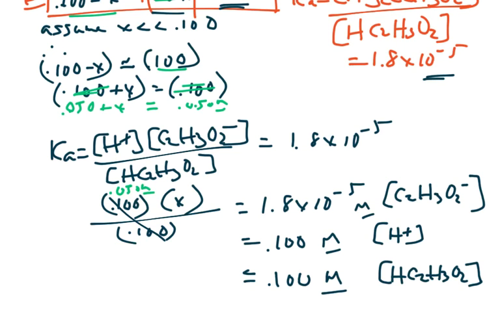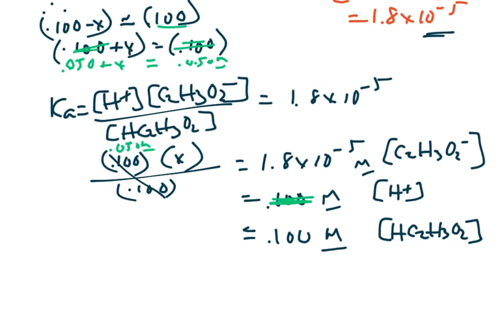This is 0.05 over 0.1 equals 1.8 times 10 to the minus 5. And again, this is going to be 0.050 molar. Sorry for all those mistakes. You can see this is going to double this number, so this will be 3.6 times 10 to the negative 5 molar. Okay, I think I'm back on track here.